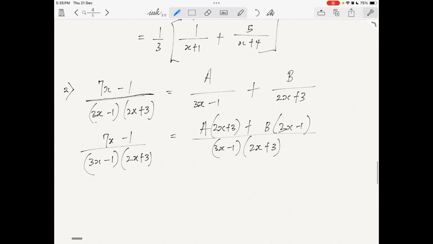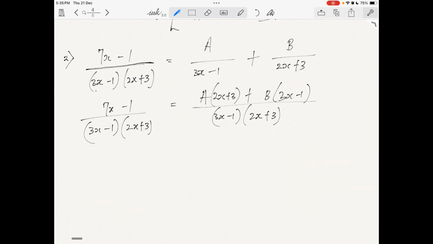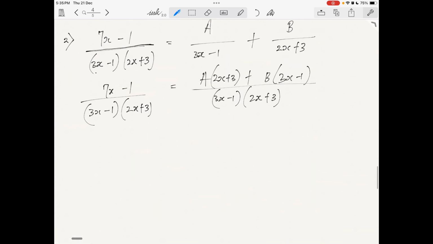Now the denominators are equal, so we can cancel them out. We will have 7x - 1 equals A(2x + 3) plus B(3x - 1). Now we are using comparing coefficients here.